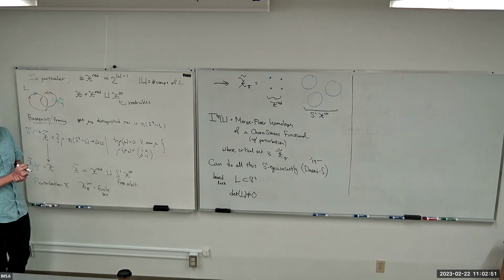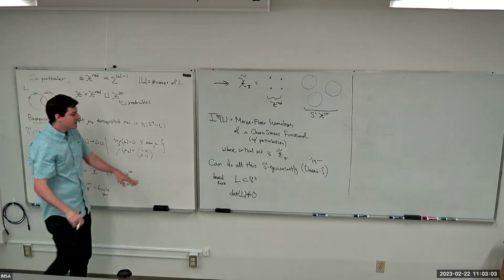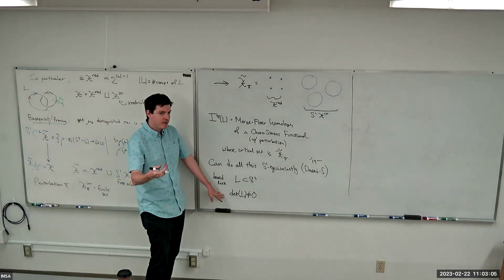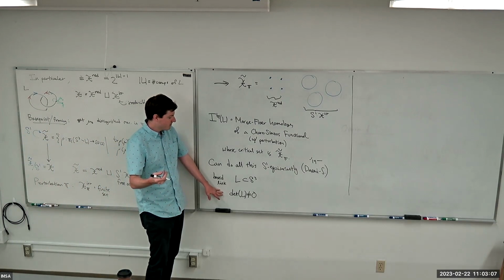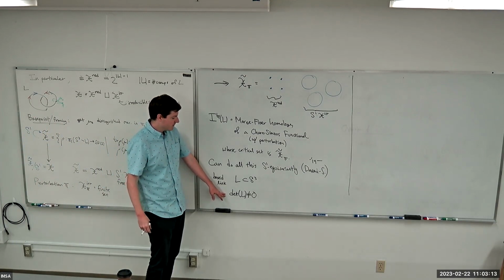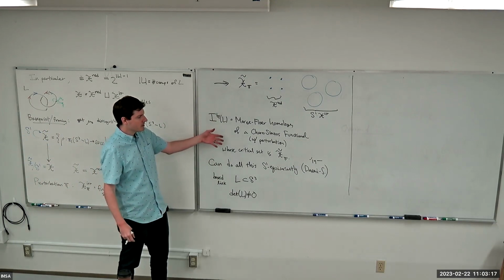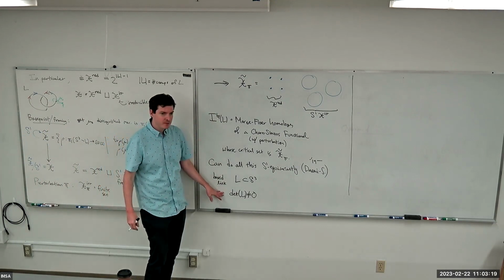The determinant condition has to do with the fact that when you do resolutions, the Skein resolutions, you can get zero determinant. We have this condition here just for purely technical reasons. When we try and construct the Floer homology, it's much easier to do it if you assume this.